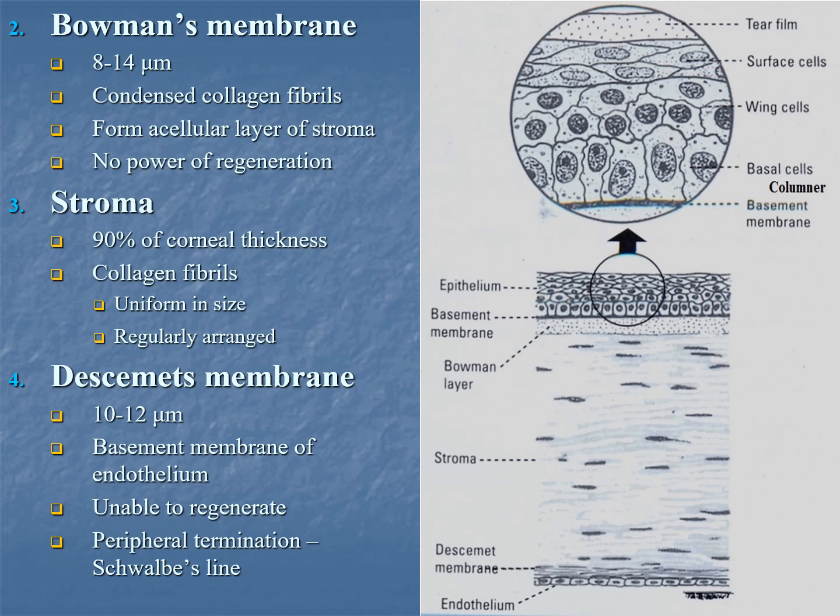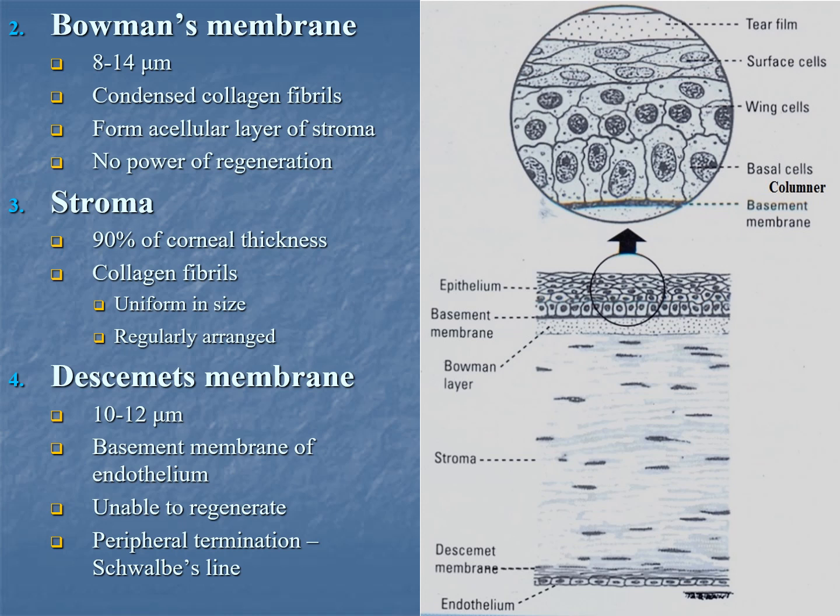The next 2 to 3 layers are the wing cells, and then come 2 layers of surface cells, and the outermost cells have microvilli which protrude into the tears, and they hold the mucin in the tears. The second layer of the cornea is called Bowman's membrane.